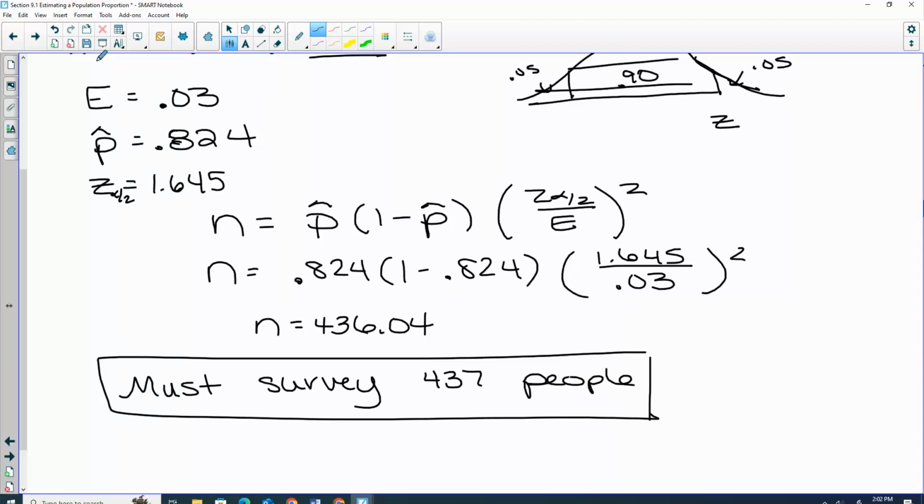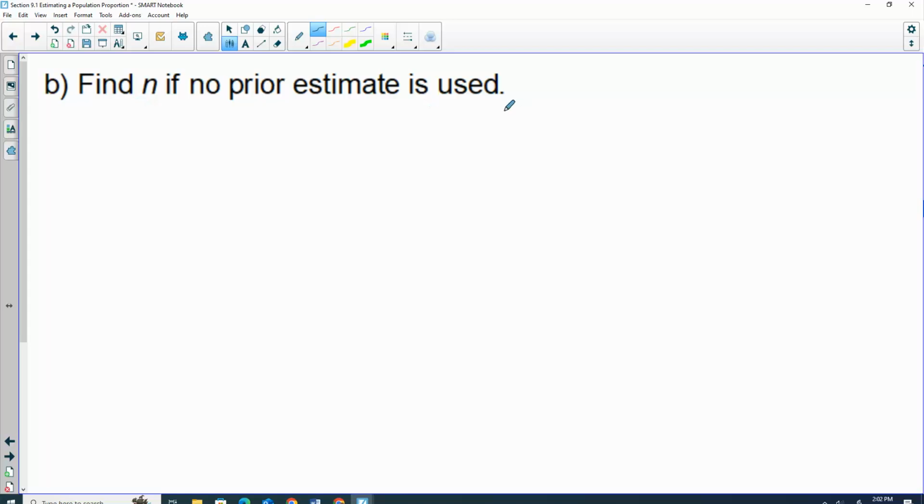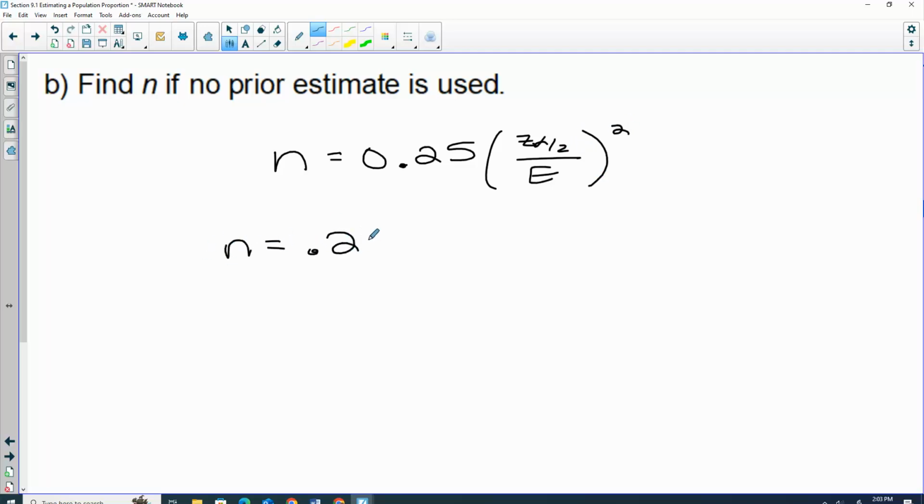If I were doing the same thing, but I did not want to use that prior estimate, so I'm not using the census from 2000. Then we look on our formula sheet, we are talking about the sample size needed, but there is no prior estimate, and it tells us n is 0.25 times z alpha over 2 divided by the error squared. Still the same confidence level, so my z alpha over 2 is 1.645.